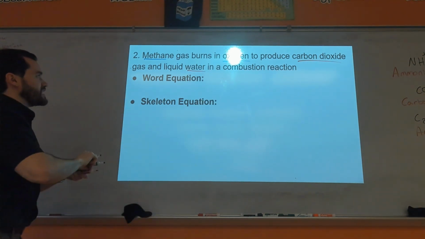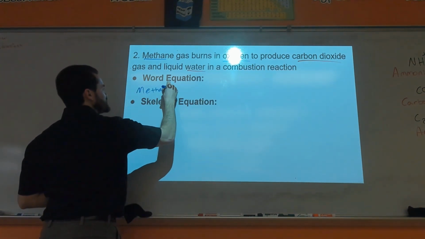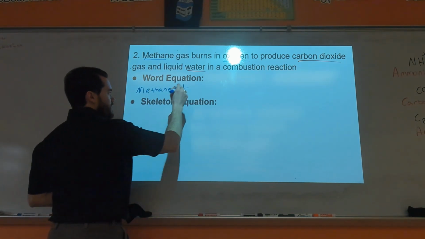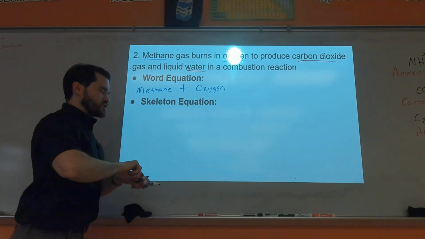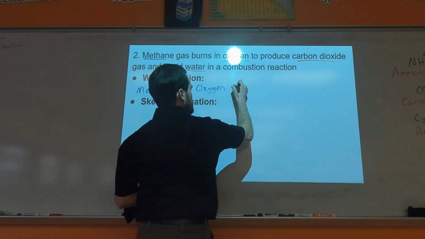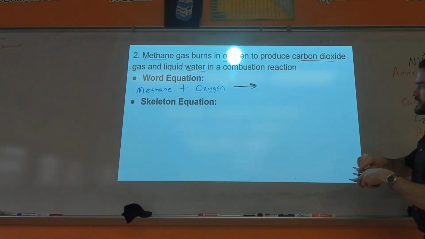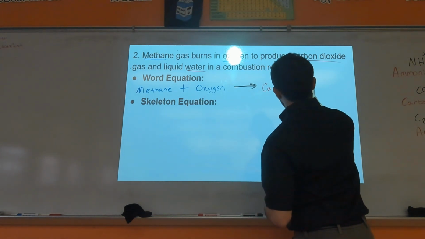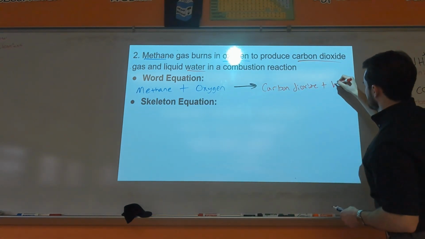All right, so then let's write those down. So word equation, the hard part would just be identifying what they are. So methane and oxygen. Those are our reactants, and then you'll get your yield arrow. That's going to yield, that's going to produce in our products carbon dioxide plus water.